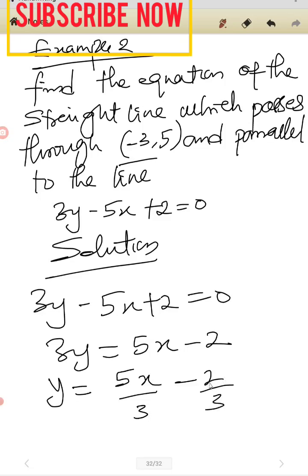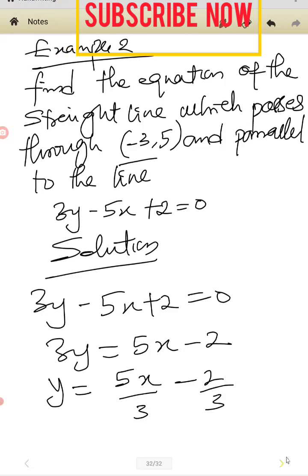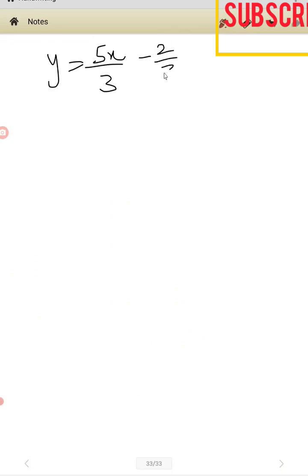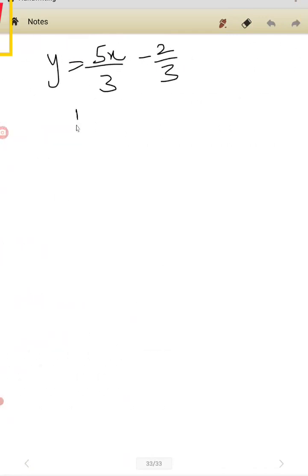From what we got by dividing all through by 3, our m1 is equal to 5 over 3.